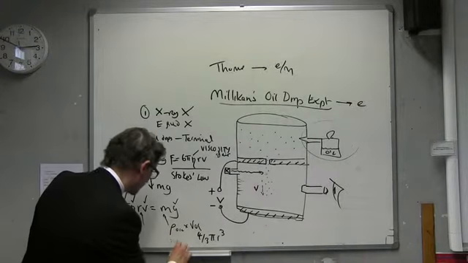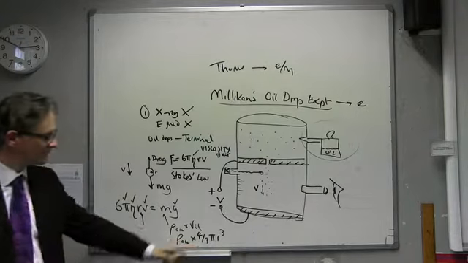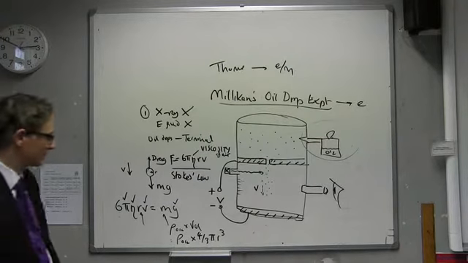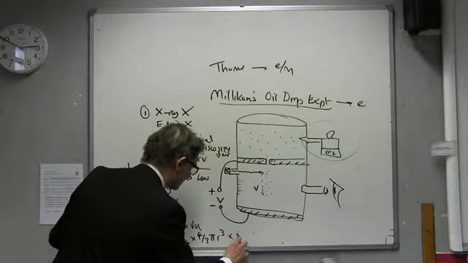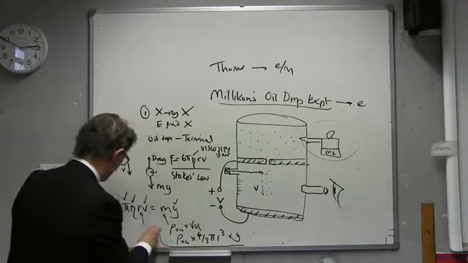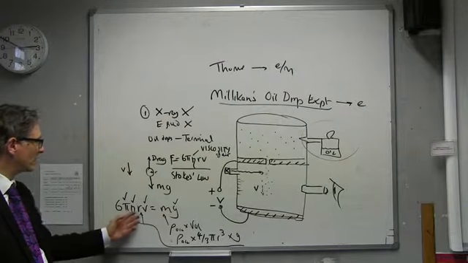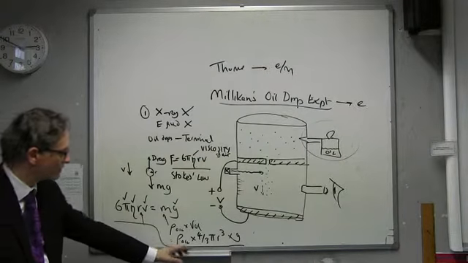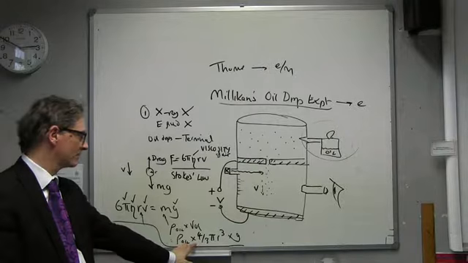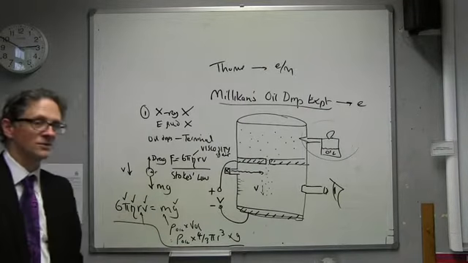So this side is going to be the density of oil times 4/3 pi r cubed times G. So actually there's our equation. 6 pi eta RV equals 4/3 pi r cubed rho, density of the oil, times G.